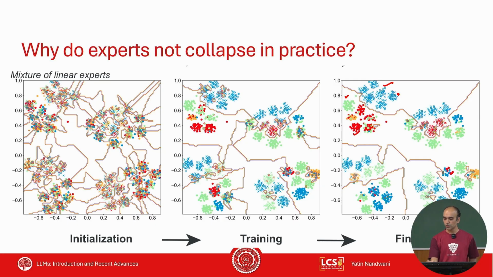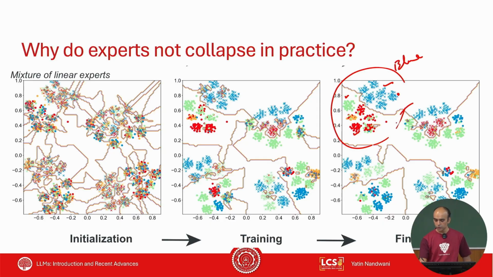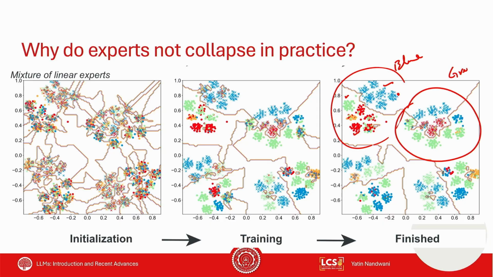I'm expecting that all of these data points should go to one expert, let's say blue. I want all of these to be green, let's say. I want this to go to the blue expert, this to the green expert, this to the red expert. But what we see is that the points here are going to all the experts, red, green, blue, yellow, right? So this is the problem.